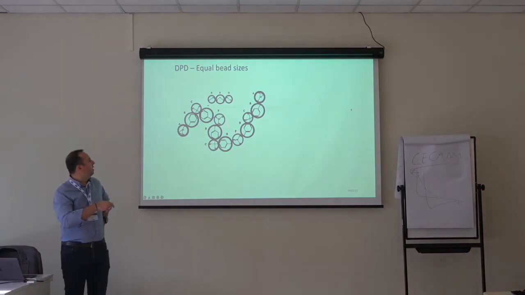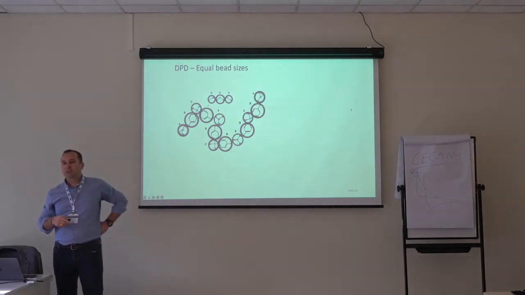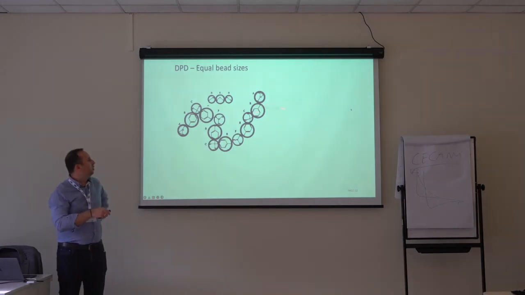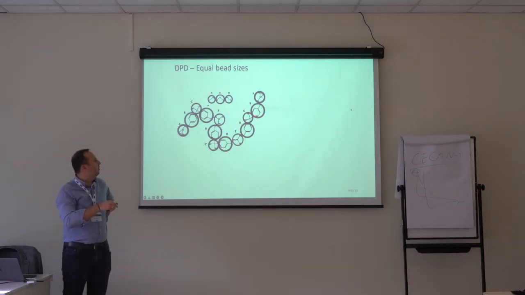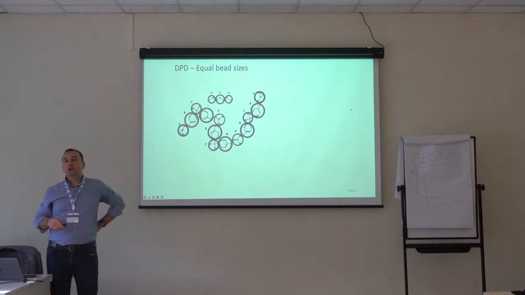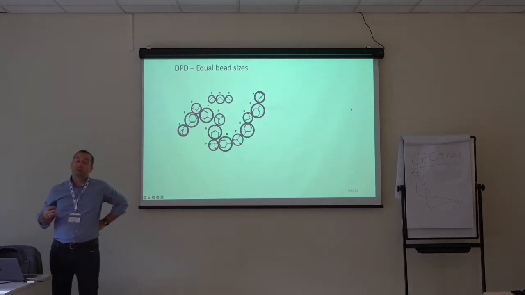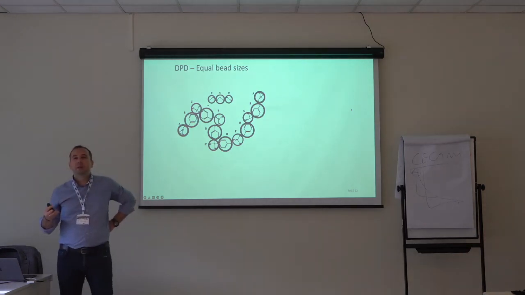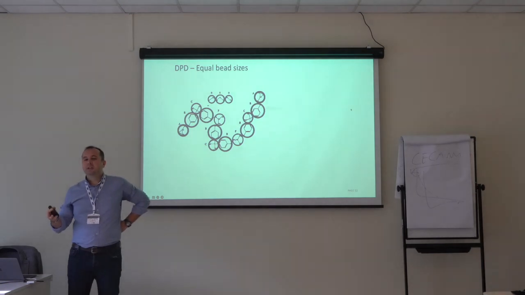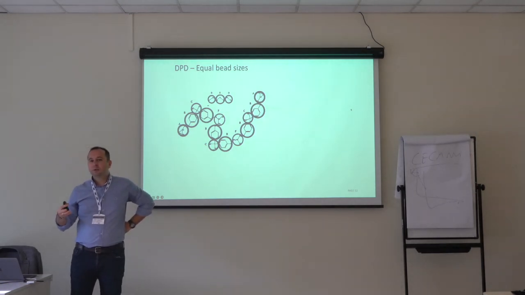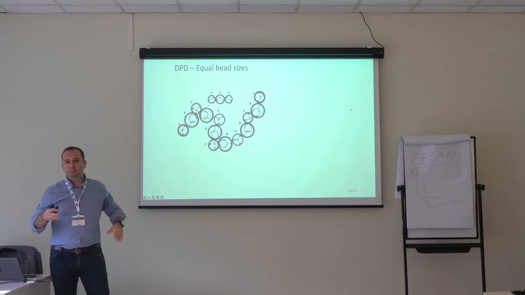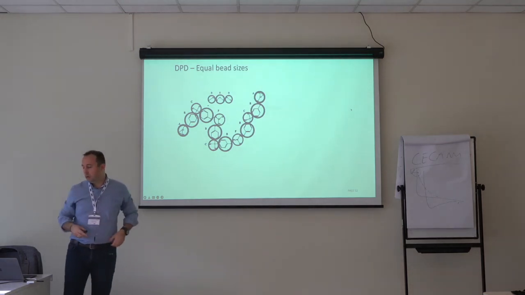For example, here you see an epoxy and amine system, a cross-linked system. If you coarse grain your system, you have these beads which are composed of 6 atoms, so you cannot really coarse grain by assuming similar bead sizes. Eventually you might encounter systems which are coarse grained completely differently.